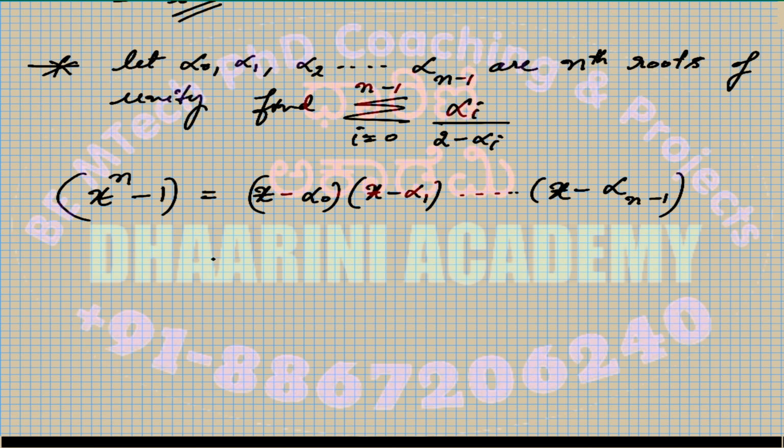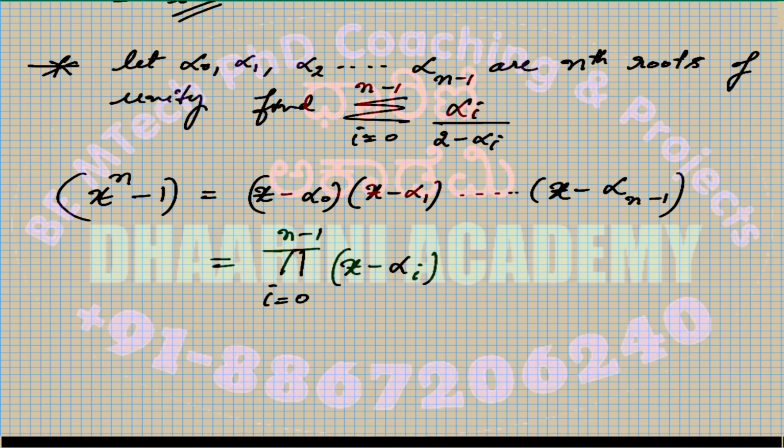We can see that this is a product. So I can write this as the product, i equal to 0 to n minus 1, of x minus alpha i.